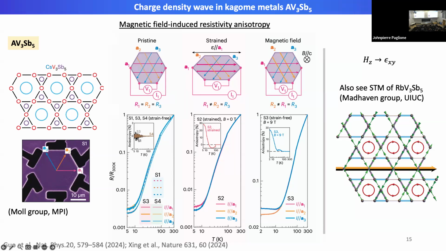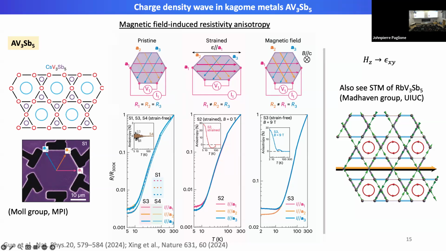But the surprising finding is that as you apply a z-axis magnetic field out of the kagome planes, you're able to induce a significant anisotropy between the three different directions at low temperature.